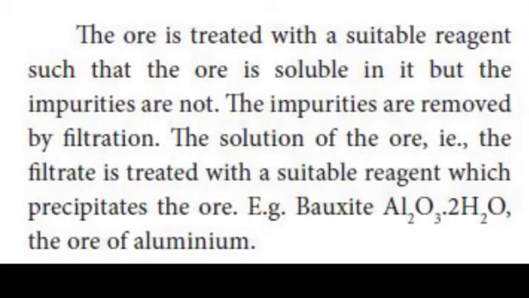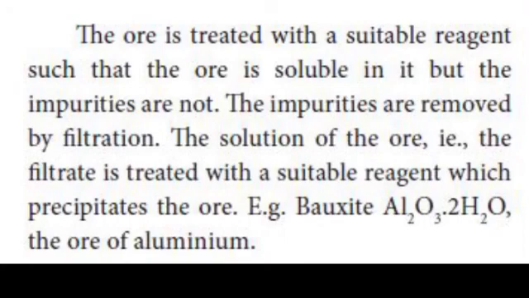So suitable reagents are such that the ore is soluble in them, but the impurities are not. The impurities are easily removed by the method of filtration. The solution of the ore is called the filtrate.